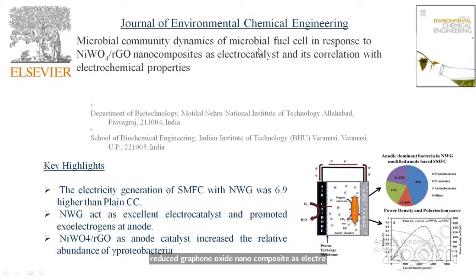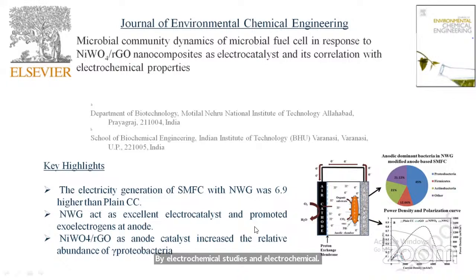And we have seen the effect of this nanocomposite as an anode modifier on the microbial population present in the anolyte. Obviously the current was high, and as I have said earlier, the high increase in the current density or power density was well validated by electrochemical studies and electrochemical data.